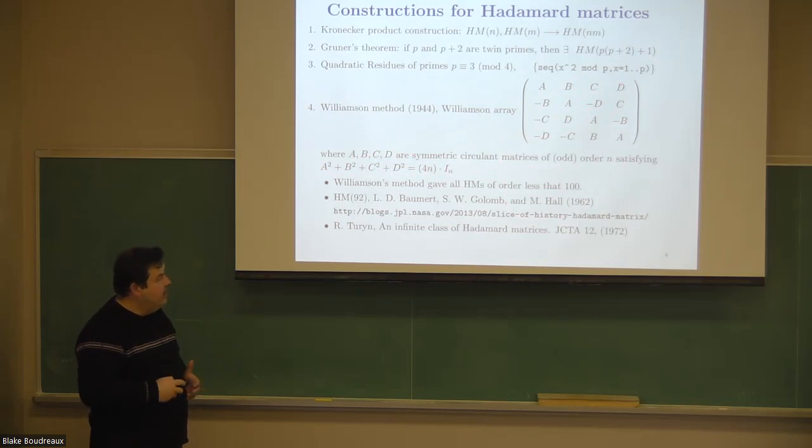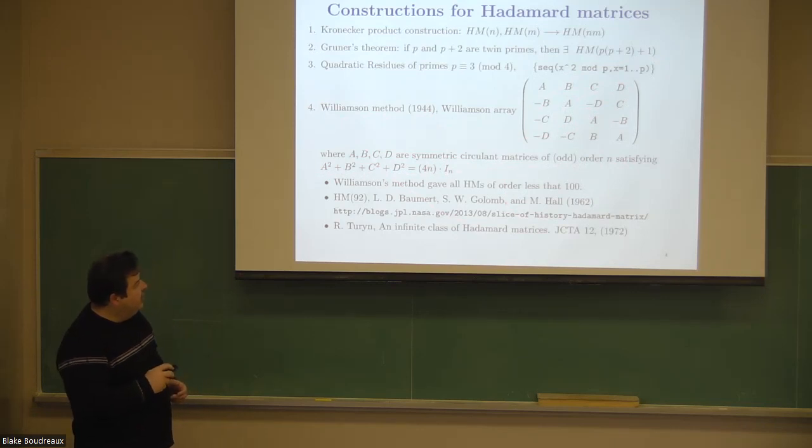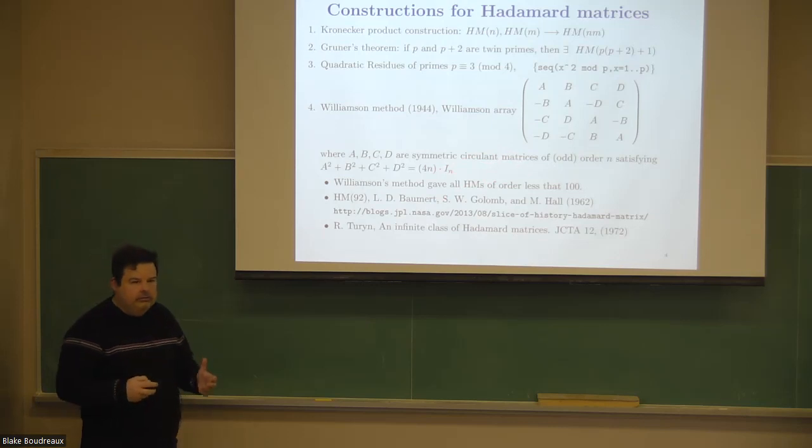And for some time, it was thought that this construction would solve the Hadamard conjecture. But unfortunately, it was found that this construction fails for n equals 35. So this is not a good candidate to solve the Hadamard conjecture.